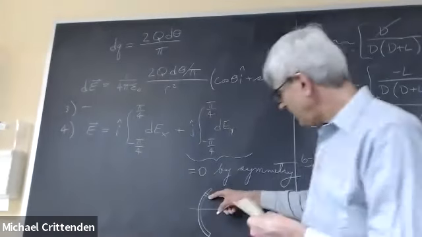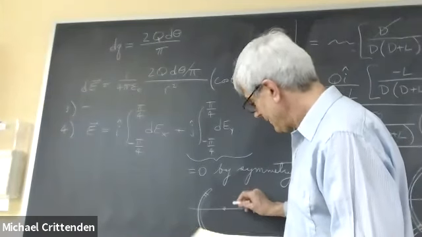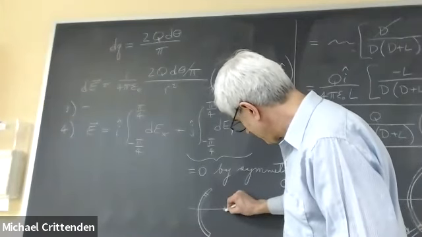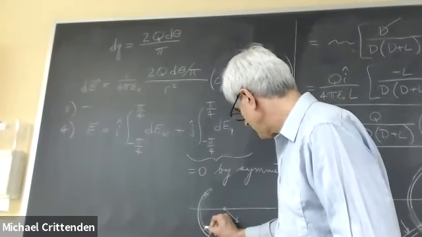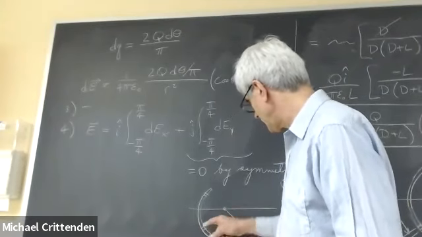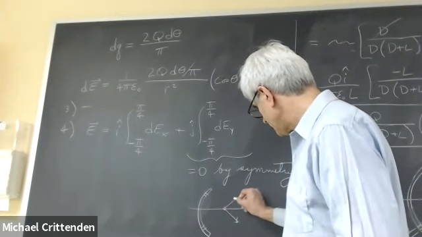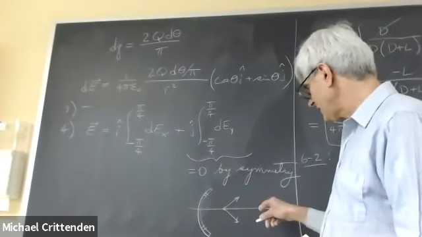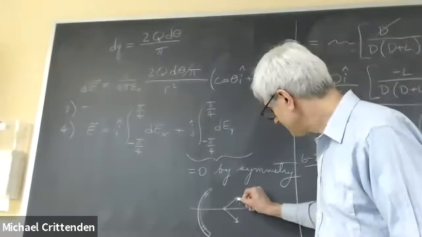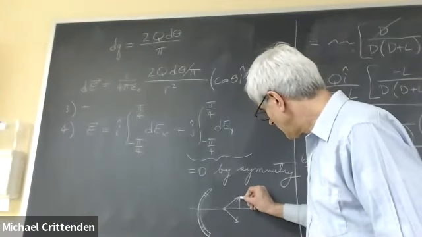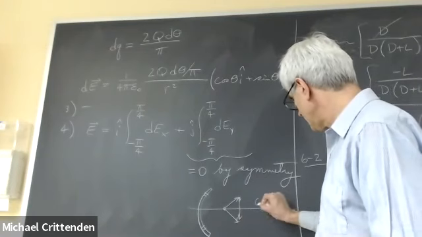For every piece up here, which produces an electric field that points right and down, there's a corresponding piece, the same distance below the axis, that produces an electric field that points to the right and up. So the y component of that one points up, the y component of that one points down.